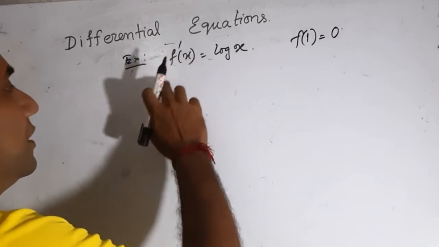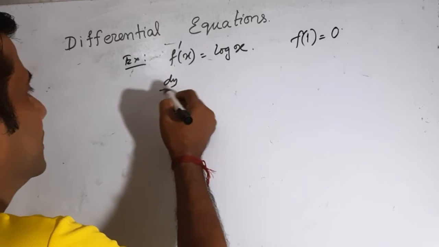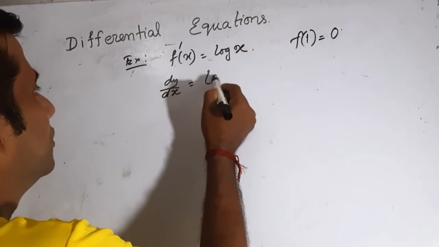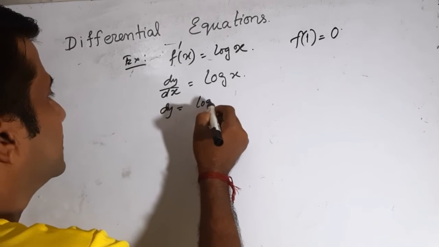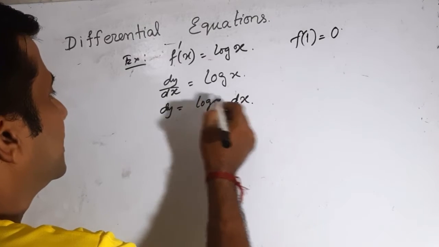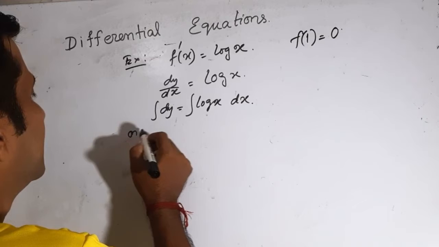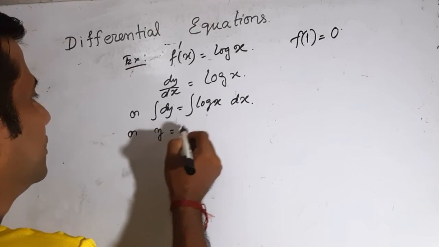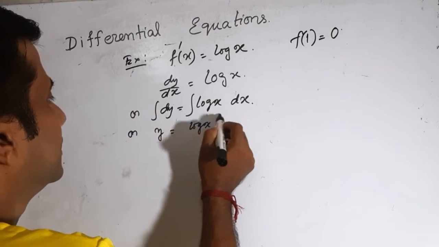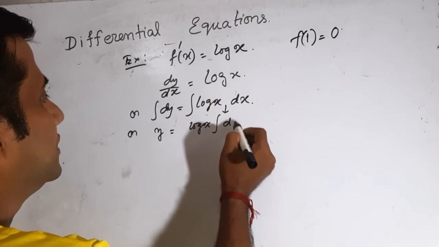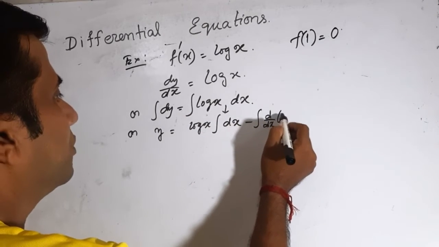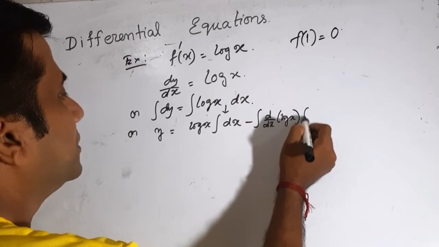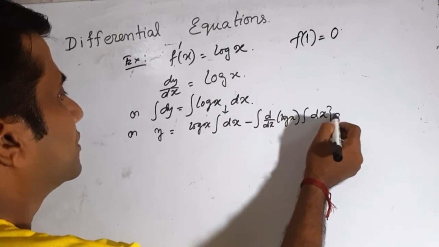It is given that f'(x) is equal to log x. That means dy/dx is equal to log x, then dy is equal to log x dx. Integrating, we get y is equal to the integral of log x dx. By parts integration: log x times the integral of dx, minus the integral of d/dx of log x times the integral of dx, whole dx.